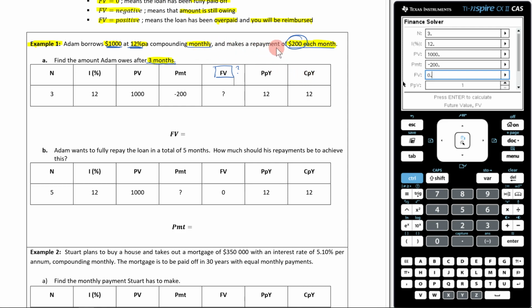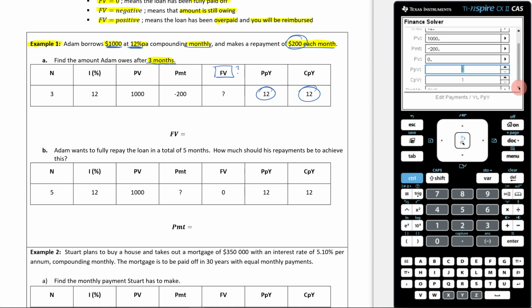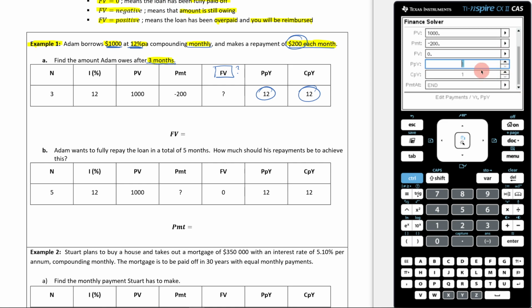Remember what I said at the beginning: how often interest is computed and how often you make payments are always going to be the same, which means your PPY and your CPY will always be the same. So if I type in 12 here, then if I hit tab, it actually changes it automatically. Then I hit tab again. I recommend the tab button here. I love the tab button.